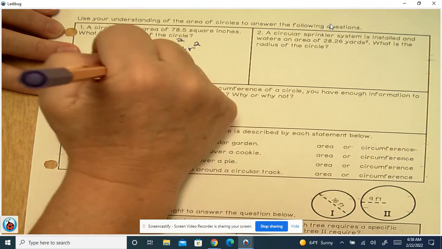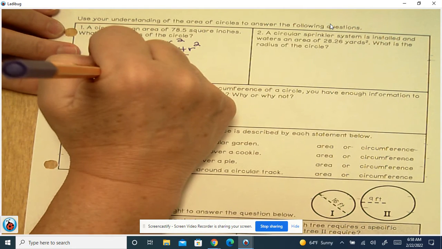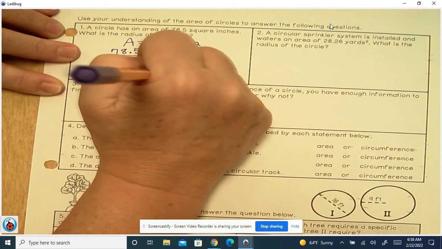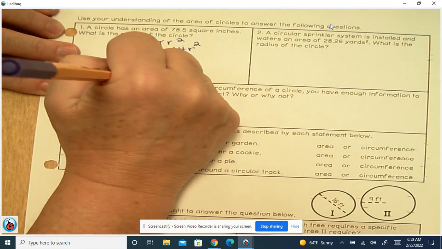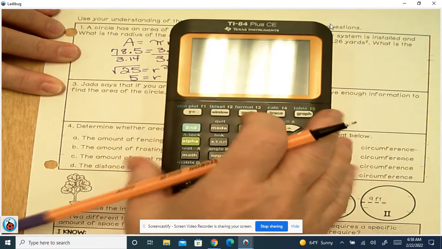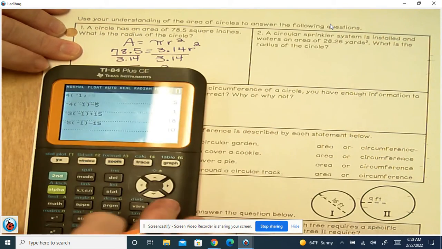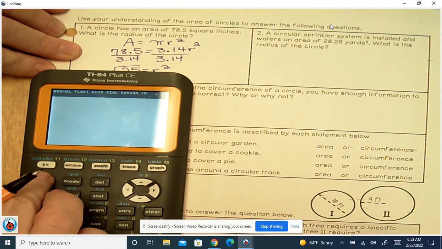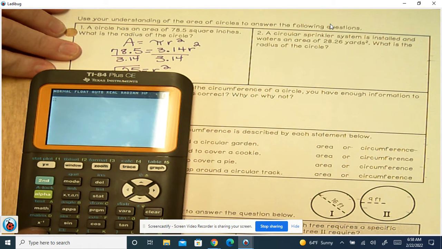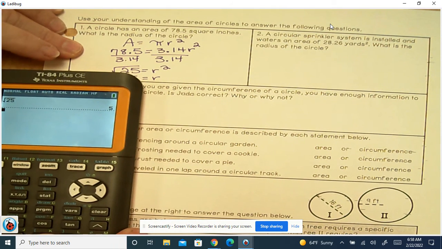And to get rid of that, you would take the square root of 25, and that'll give you r, which is 5. To find the square root on the calculator, you would hit second and then the x squared button, and then hit 25 and then enter, and it would give you 5 right there.